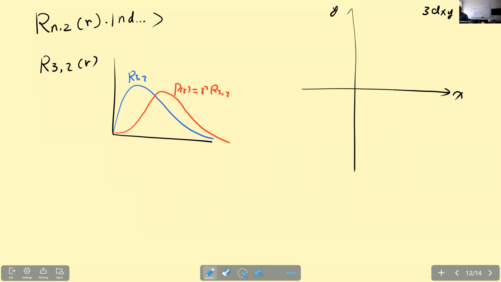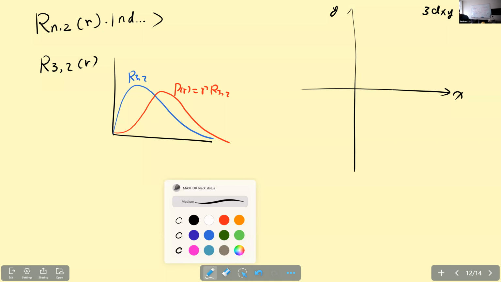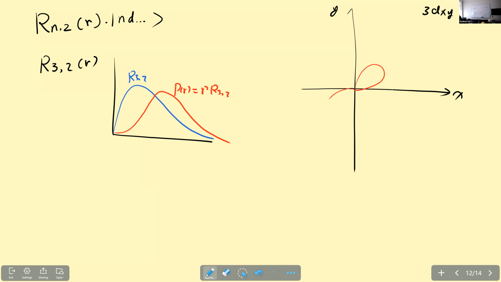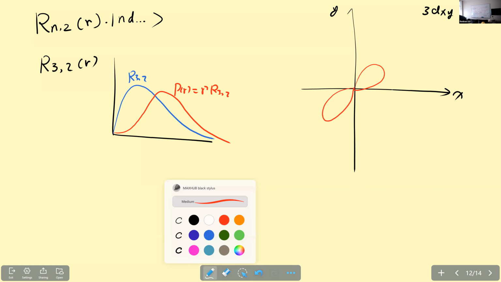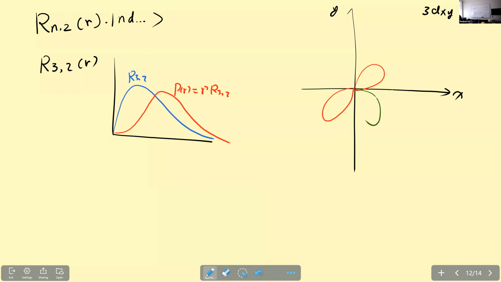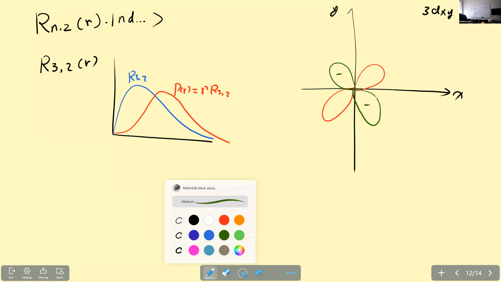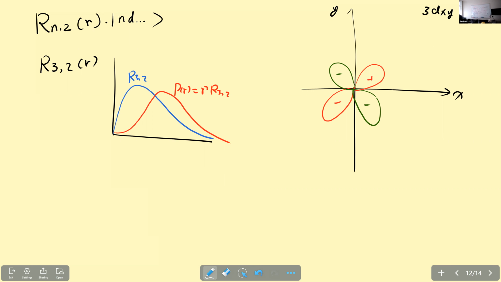Okay, and you know that so the function will be something like this one. That's very simple, right? Okay, so minus, plus. How many? What's the number of node surface?